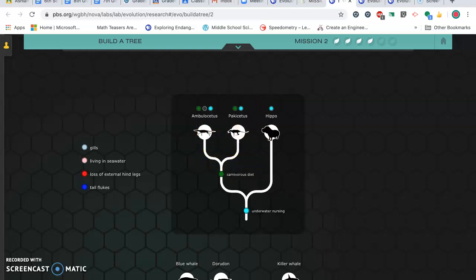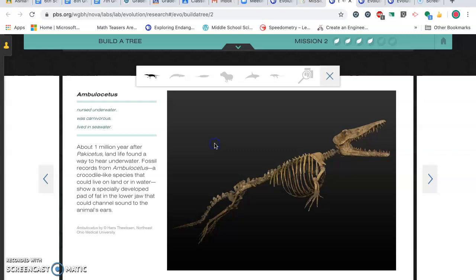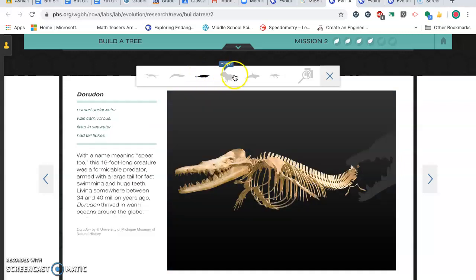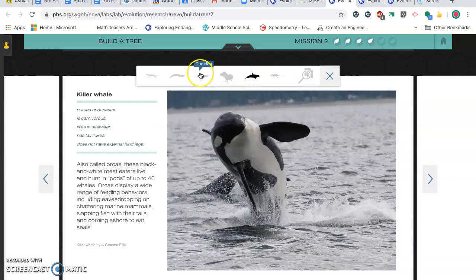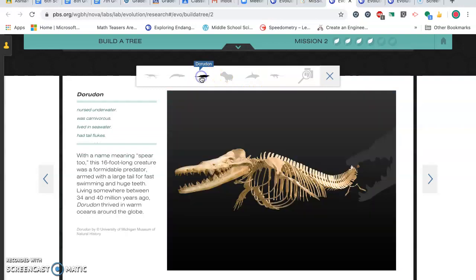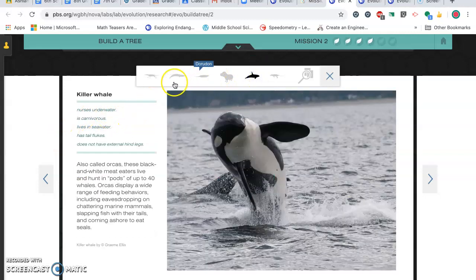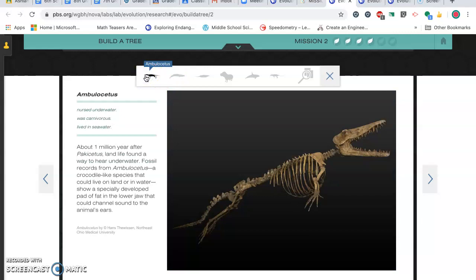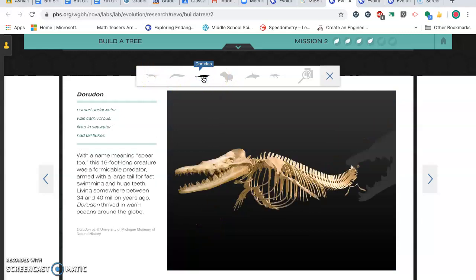And the unique characteristic of this one was that it lives in the sea. Now, do the rest of these live in the sea? Yes. Yes. Yes. And this is the next most simple one. And the new thing with this animal is that it has tail flukes. Has tail flukes. Has tail flukes. Yeah.